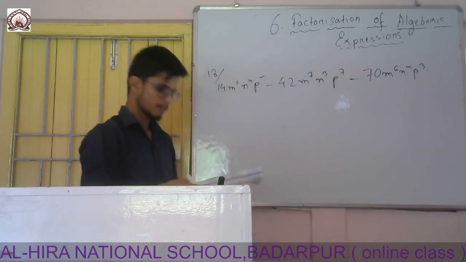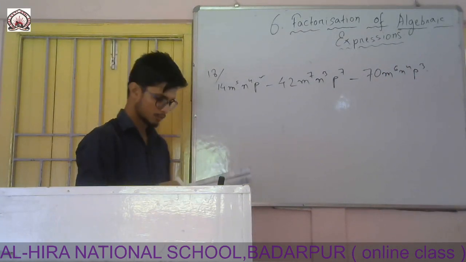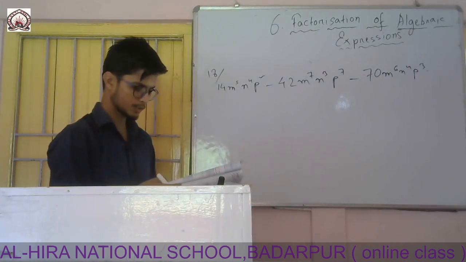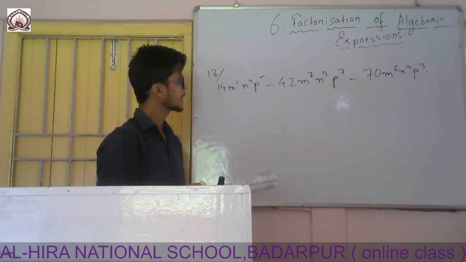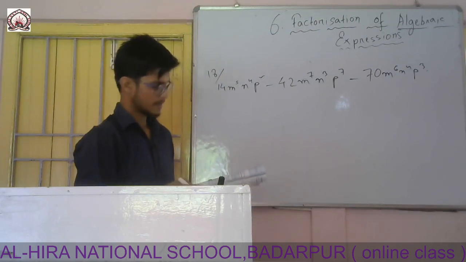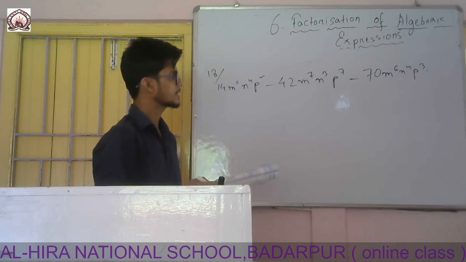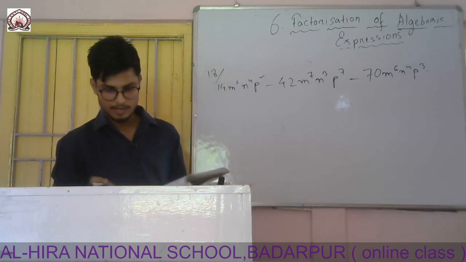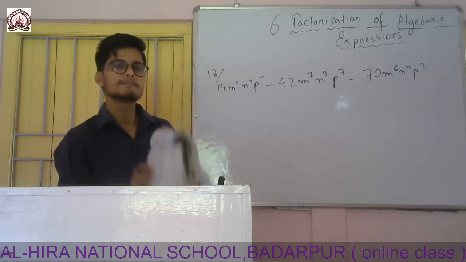First one is 14 m to the power 5 n to the power 4 and p square, minus 42 m to the power 7 n cube p to the power 7, and last one is minus 70 m to the power 6 n to the power 4 and p cube.